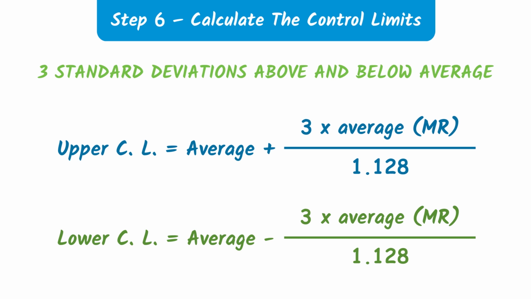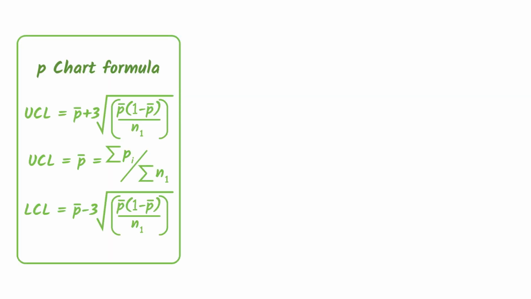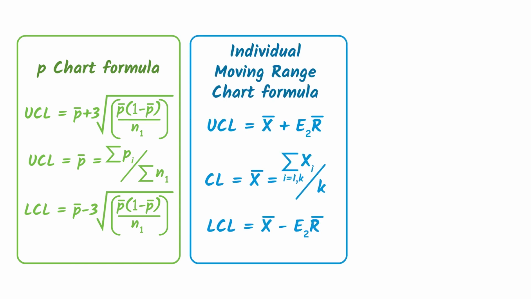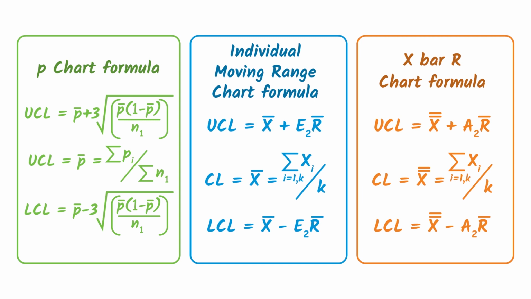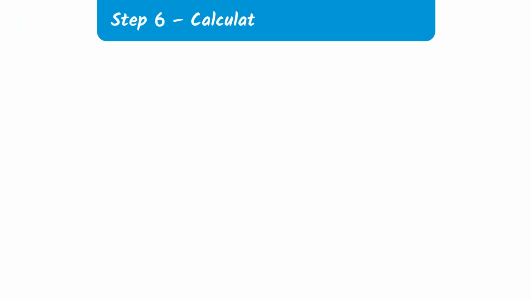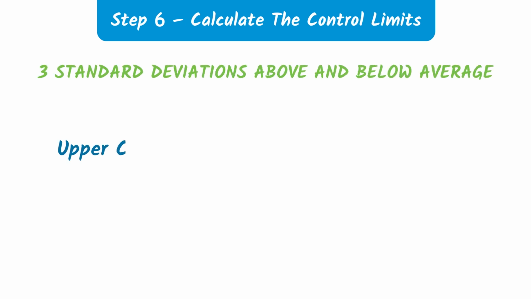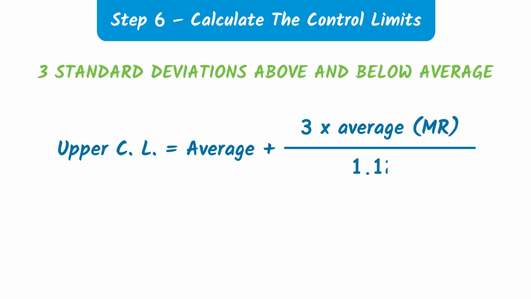Well, if you wanted to get into the statistical formulas, it would get complicated. You'd have to understand the statistical theory and all the calculations behind it. It would look something like this. But we are going to simplify that and take this value 1.128 to calculate the upper control limit and lower control limit for our control chart.